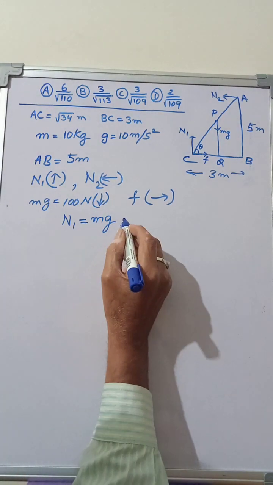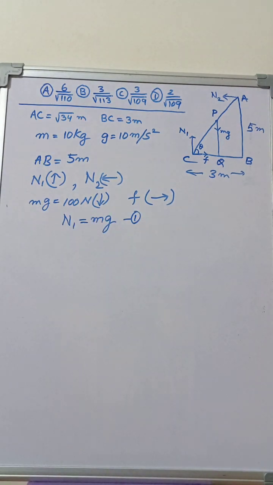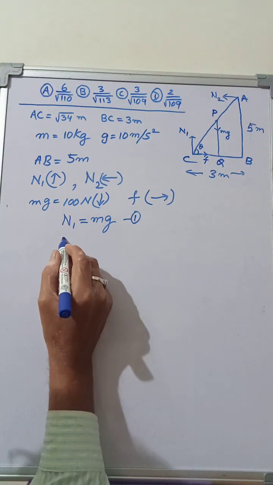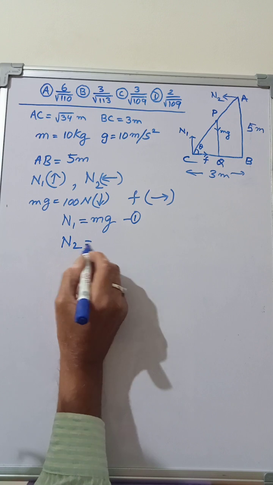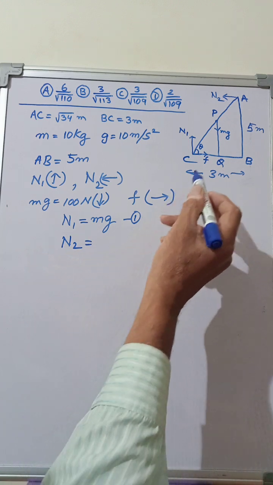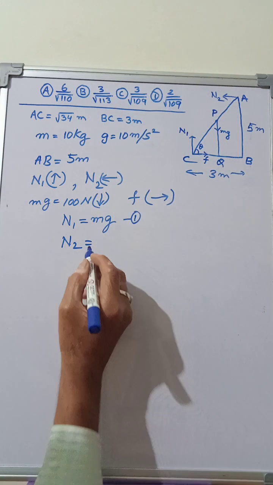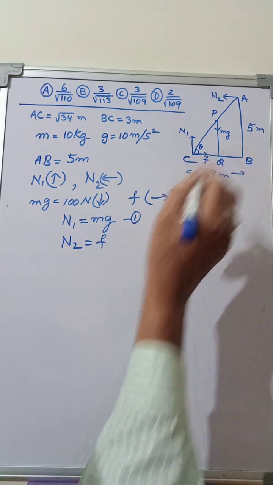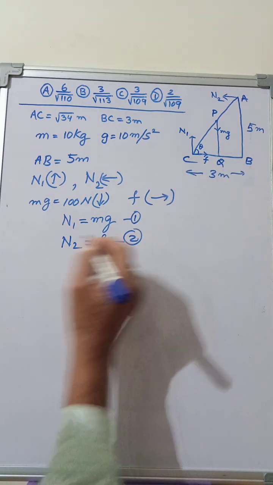We'll mark this as equation 1. And for horizontal equilibrium, force towards left should be equal to force towards right. Therefore, we can write N2, which is the force towards left, should be equal to F, which is the force towards right. We mark this as equation 2.